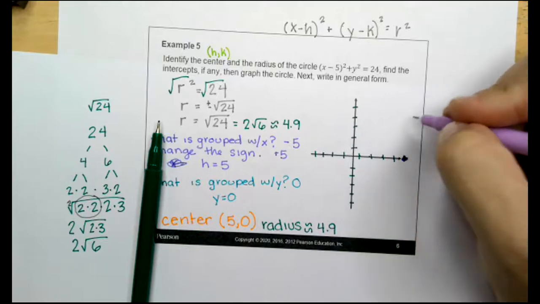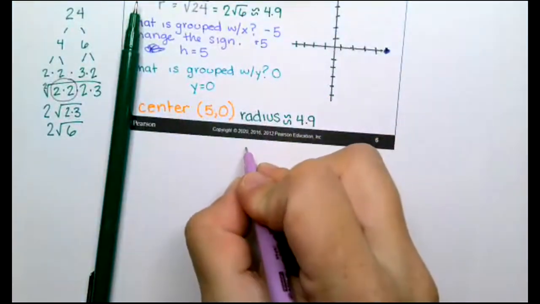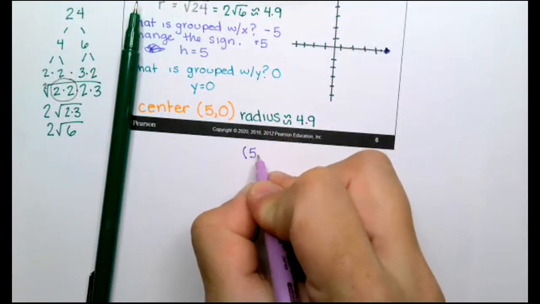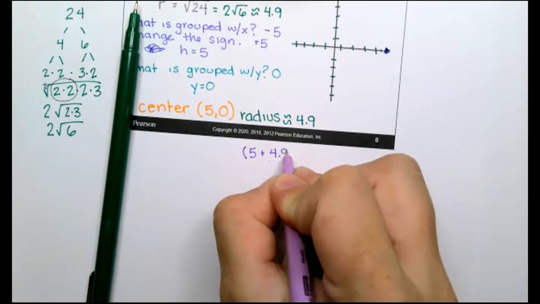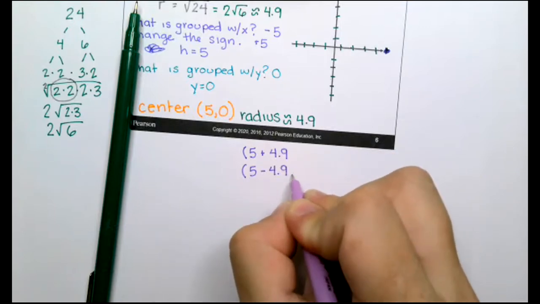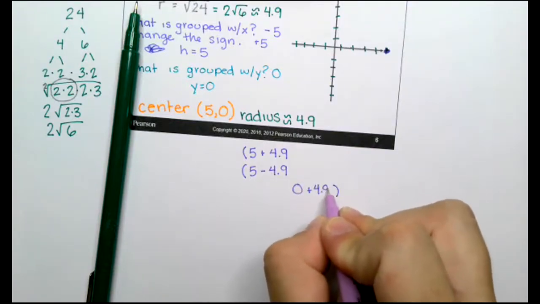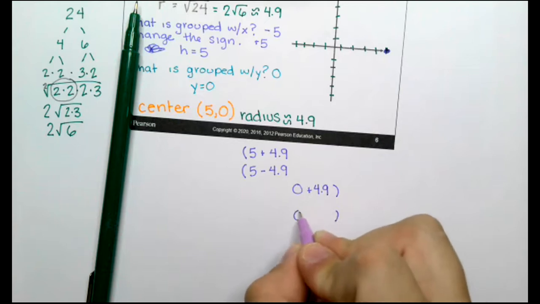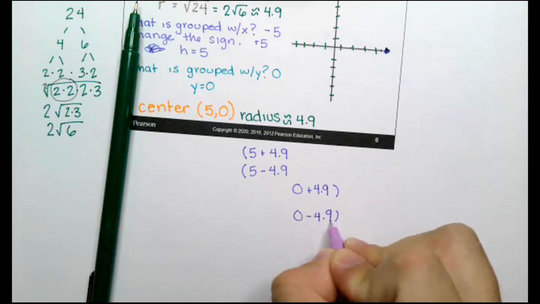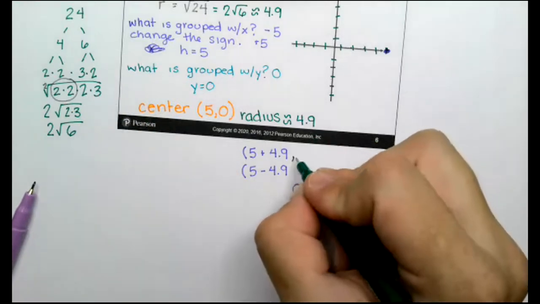I can just count or I can add and subtract. So 5 plus 4.9, 5 minus 4.9, 0 plus 4.9, 0 minus 4.9, and everything else is the same.